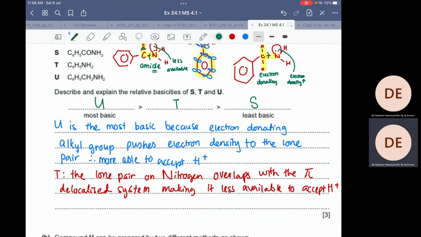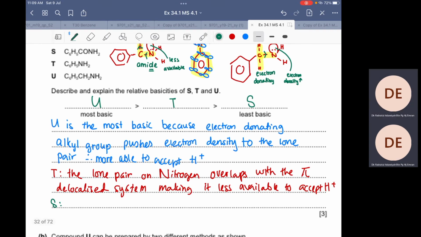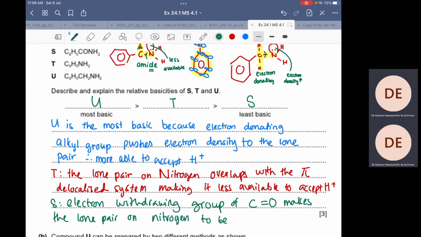And lastly, in S, the electron withdrawing group of C double bond O makes the lone pair on nitrogen become unavailable.